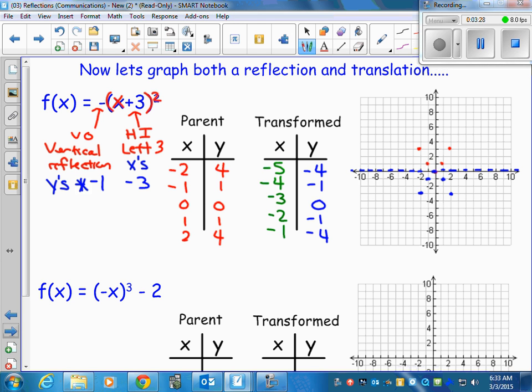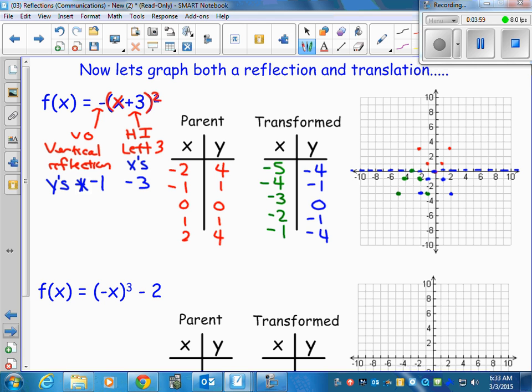So now I've performed the vertical reflection, and now I have to move the graph left 3. So every point gets moved to the left 3 spots. And then what we can do is compare our table values to the graphical values we have with the movement.